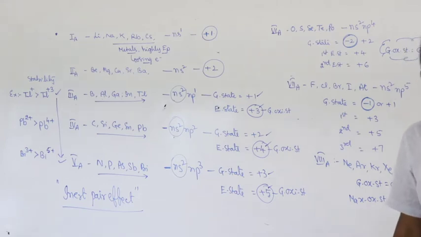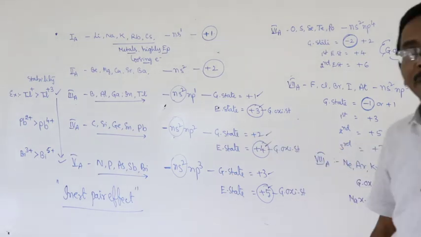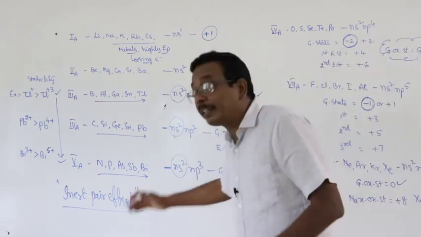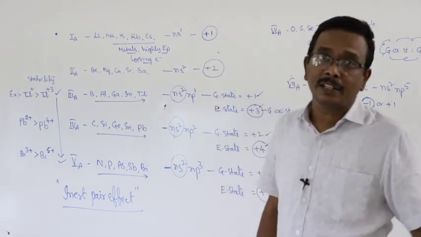This was already mentioned in the previous classes during the periodicity of atomic radius. Lanthanide contraction is responsible for the inert pair effect, or inert pair effect is the consequence of lanthanide contraction.